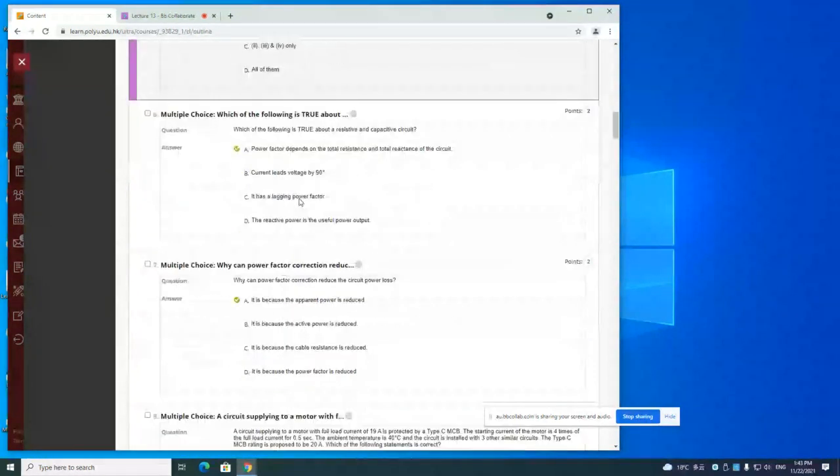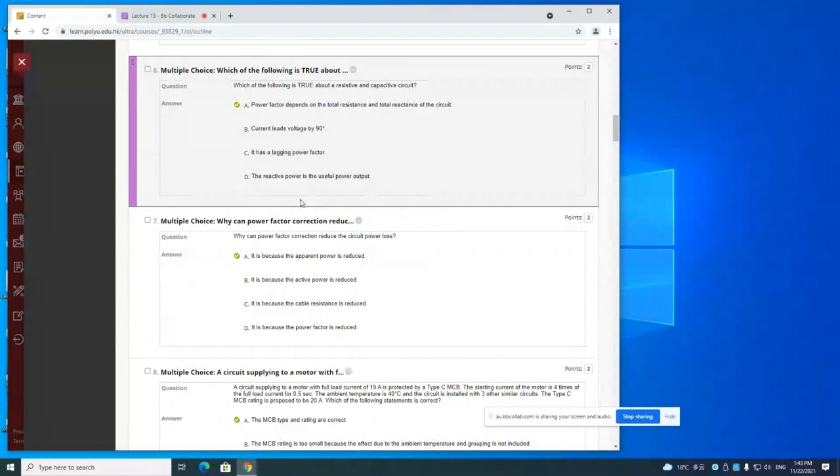Okay. Number 6, okay. Which of the following is true about the resistive and the capacitive circuit? Well, the power factor depends on the total resistance and the total reactance. Well, basically that's the definition of the power factor, okay.